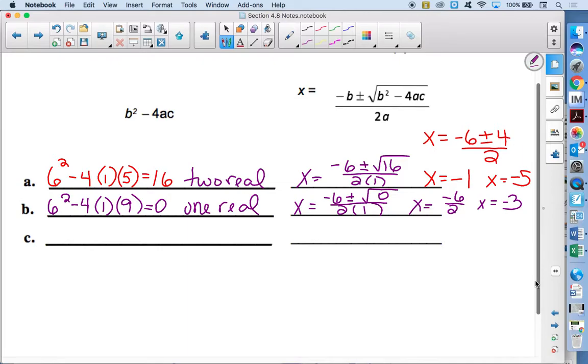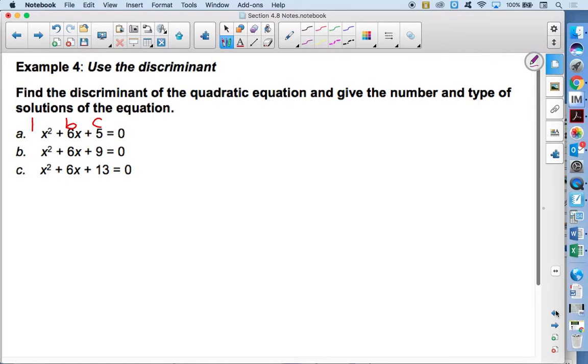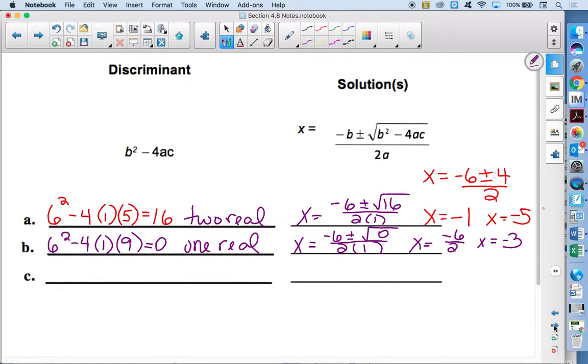The last one, in part C, is x squared plus 6x plus 13. So b squared minus 4 times a times c.